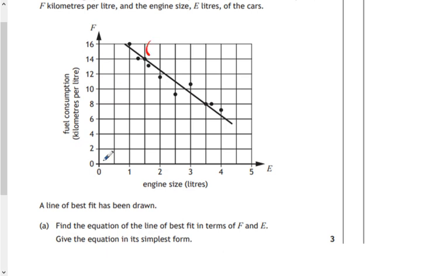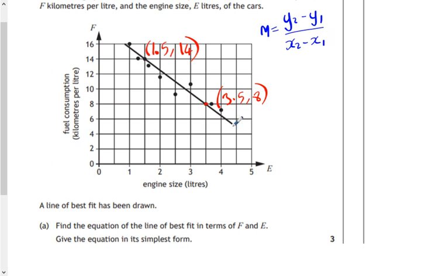We've got the coordinate 1.5, 14 and the coordinate down here, which is 3.5, 8. With those 2 coordinates, we can calculate the gradient. So m equals y2 minus y1 over x2 minus x1.